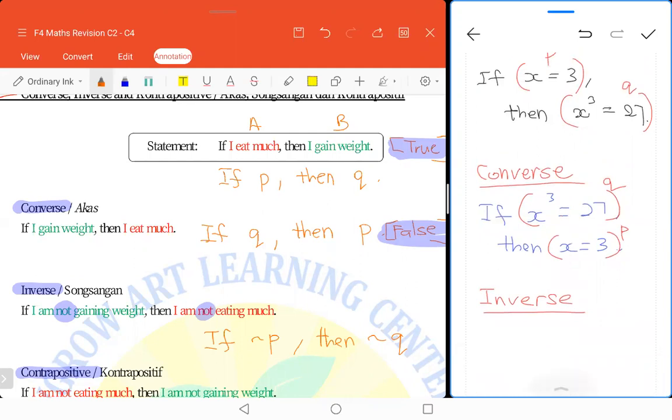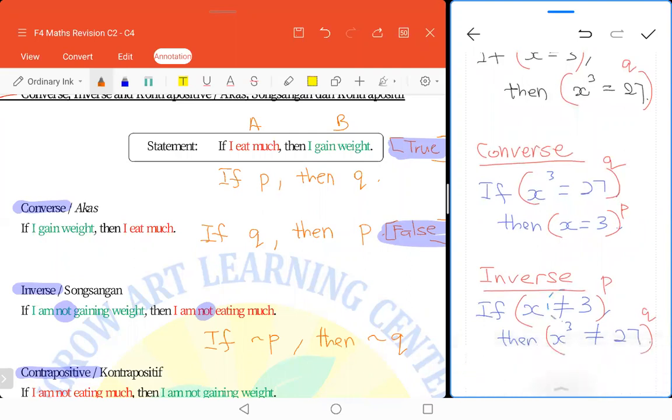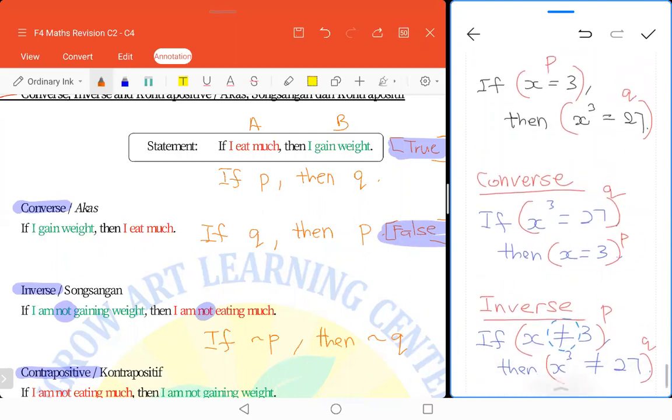So: if x is not equal to 3, then x cubed is not equal to 27. If you look at the sequence, you follow back the sequence, the difference would be the "not equal to" here. If you want to copy down, you can copy down. Inverse means you make it a not statement.